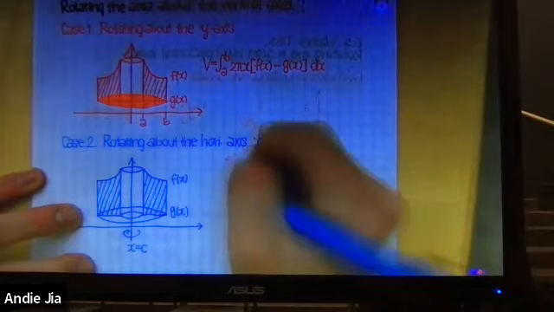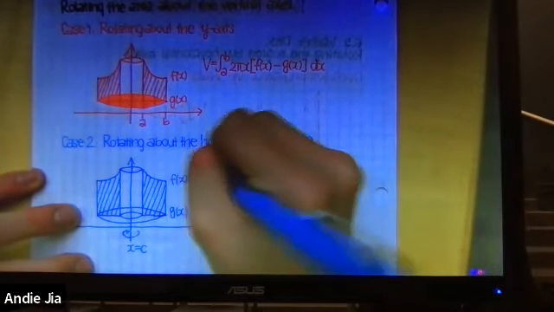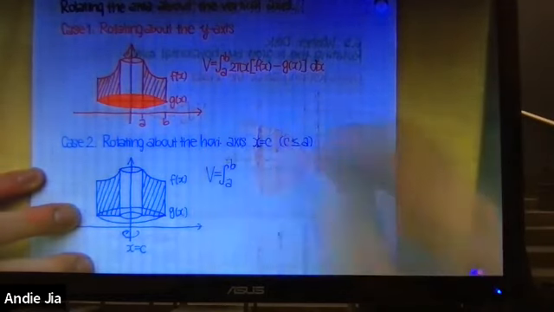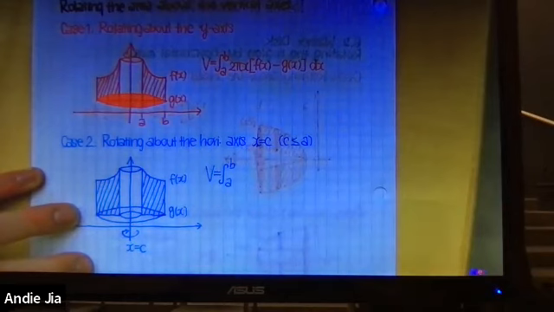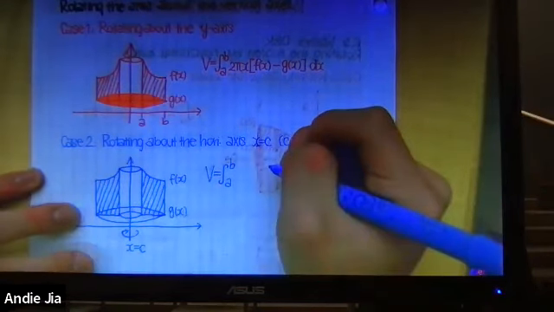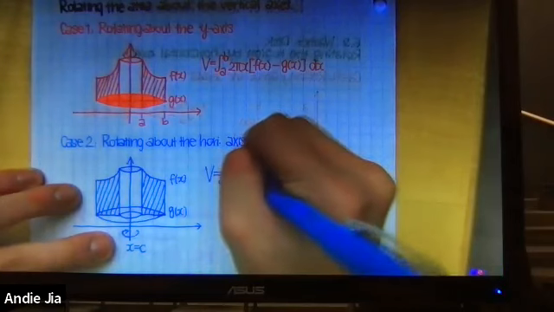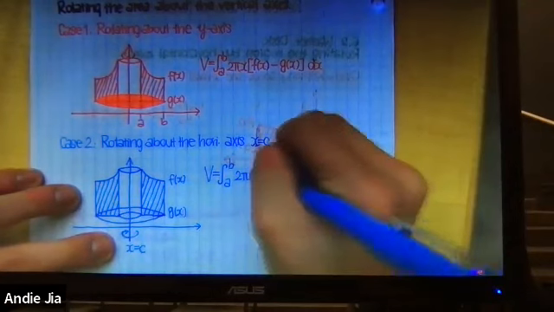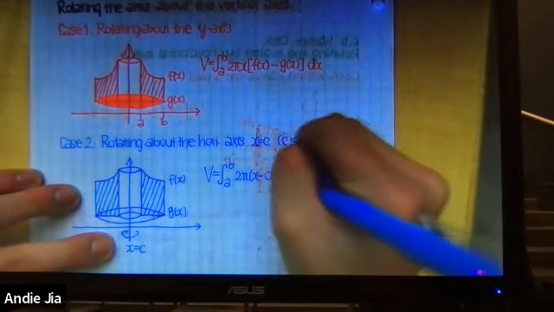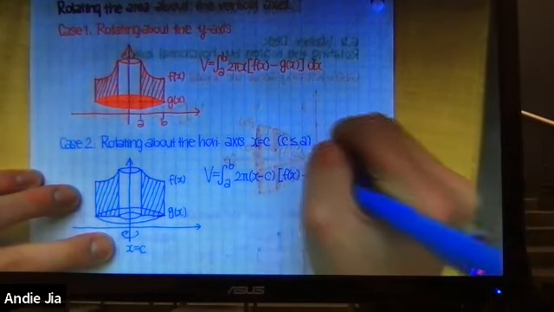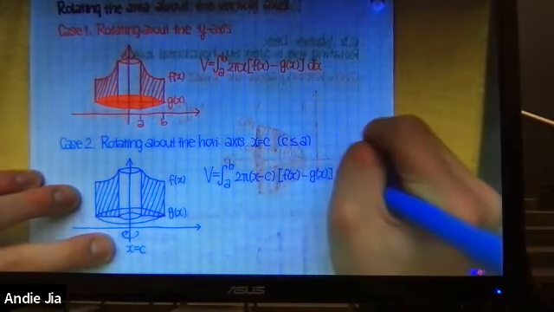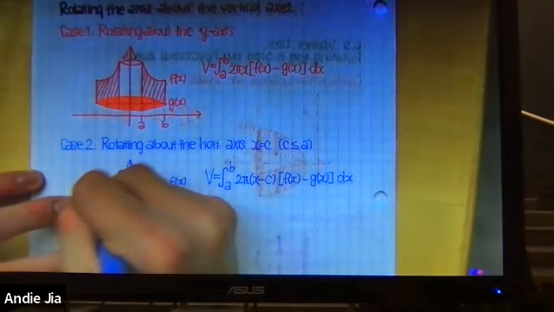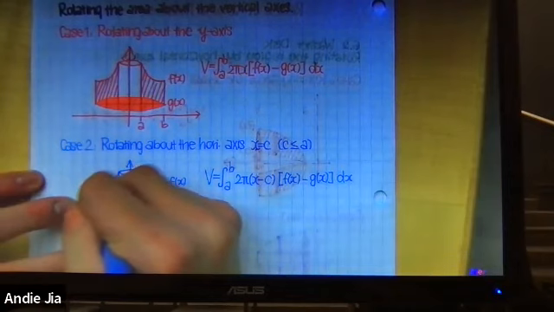And the volume of the shell is V equal to the integral from a to b of 2 pi times x minus c, times f of x minus g of x, this is the area, dx. I'm just coloring the regions.